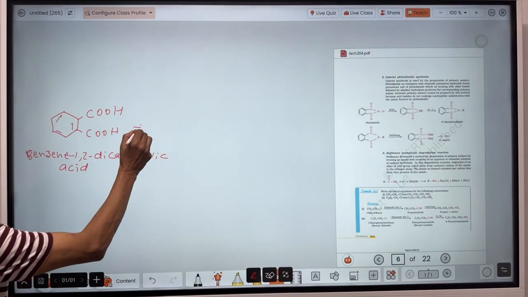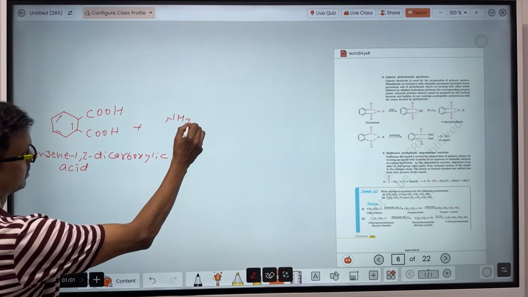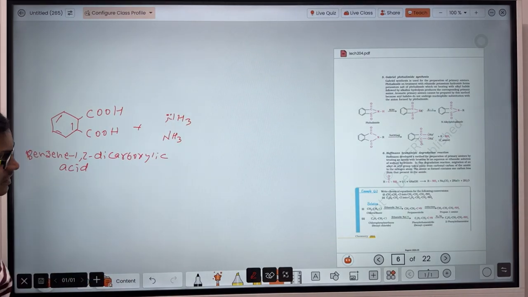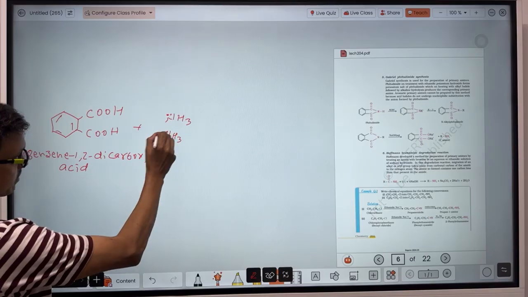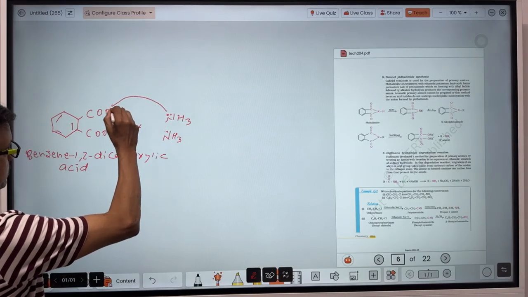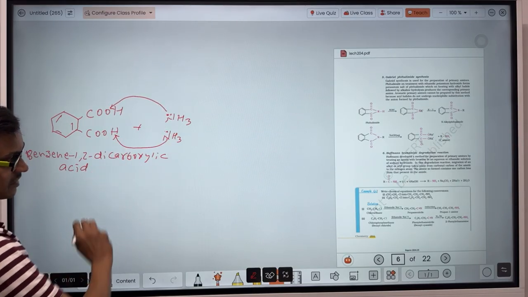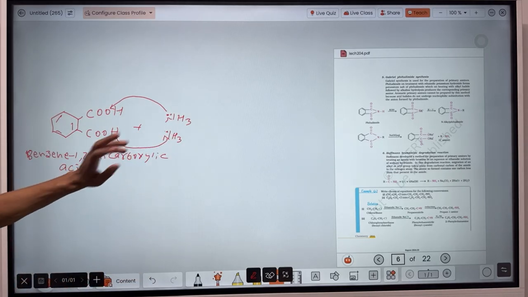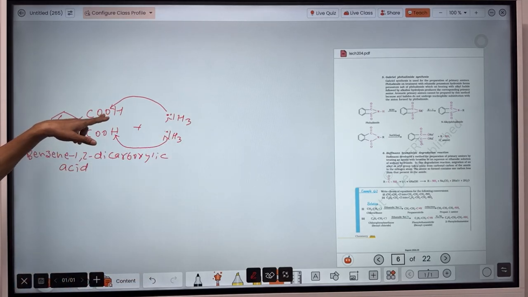React it with ammonia. So what happened? There is a lone pair of electrons on the nitrogen, and here also a lone pair of electrons. So this nitrogen will attack towards this side. That becomes NH4+, and there will be negative charge on the oxygen atom to which the hydrogen was bonded.